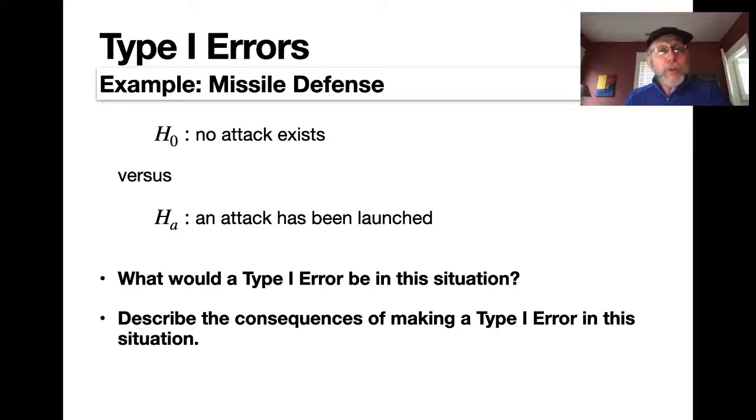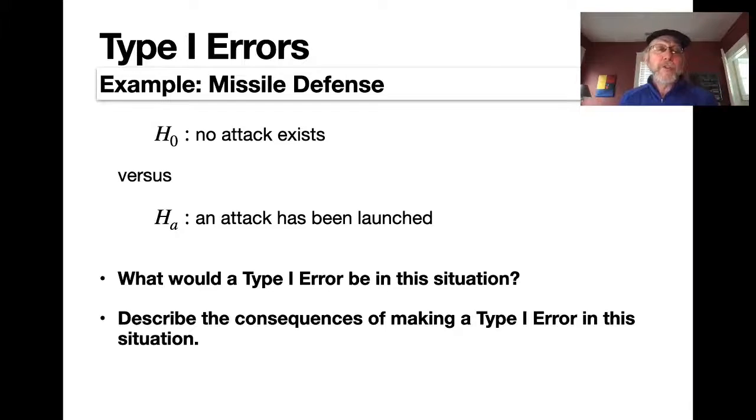If you wanted to reduce the probability of making that kind of error, that certainly seems like a desirable thing, you would do what? You would reduce the significance level of your test. If you are operating at an alpha equal 5% level, you might want to take it down to alpha equal 1%, or maybe even alpha equal 0.1%. That would reduce the probability of a type 1 error.